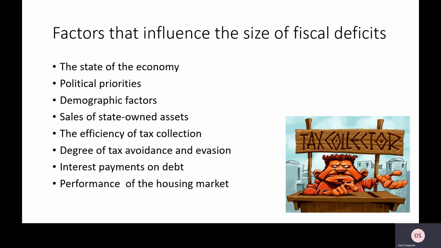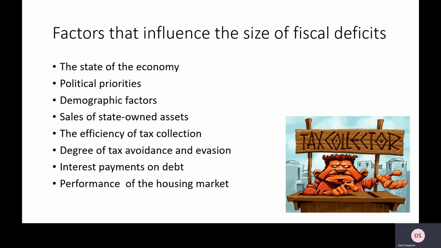Another one is the performance of the housing market. If the housing market is performing well, that would generally signal that the economy is performing well. Lots of consumption, lots of spending, and that should mean that we shouldn't be operating with fiscal deficits. If the housing market is struggling, that probably signals that we're in some kind of negative output gap, and that would mean that fiscal deficits might have to increase.